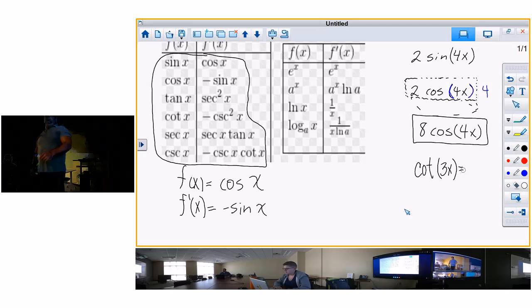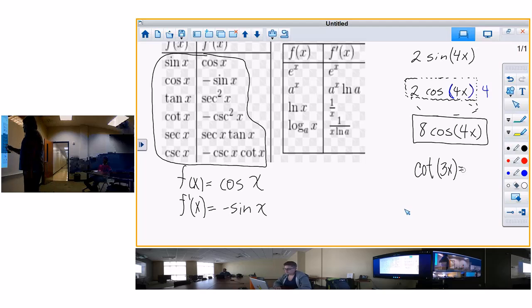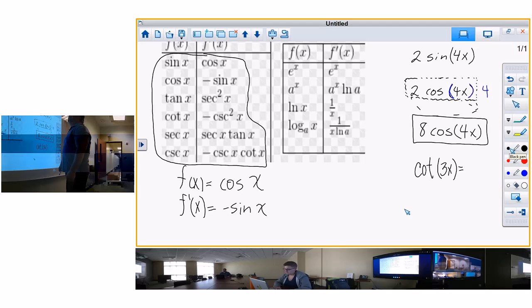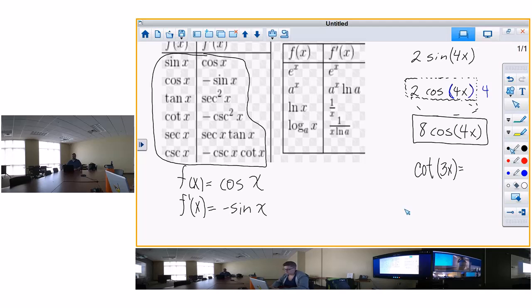So, what is the derivative of the cotangent? I still can't see it. Well, it takes a second. It might be hiding behind another window if someone left it open. Okay, minimize and see if you can get it.